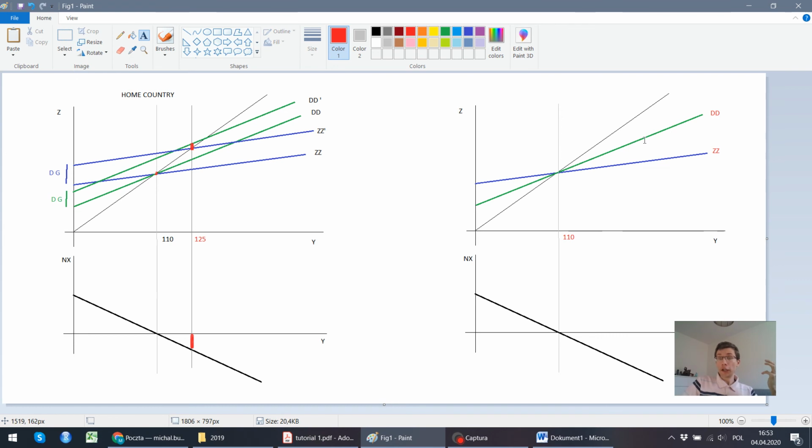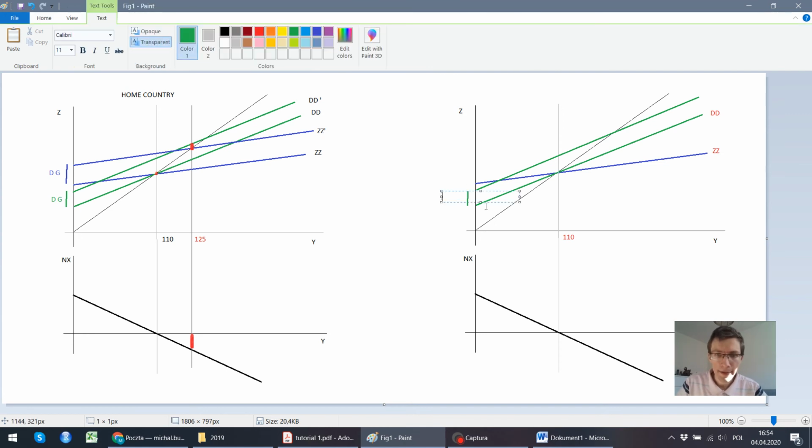What is the change in the domestic demand for domestic goods is of course only the delta G, because the delta G is the only thing that we care for that is entering this particular equation.